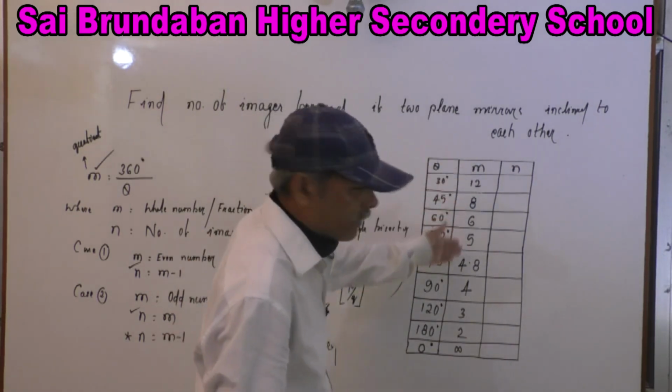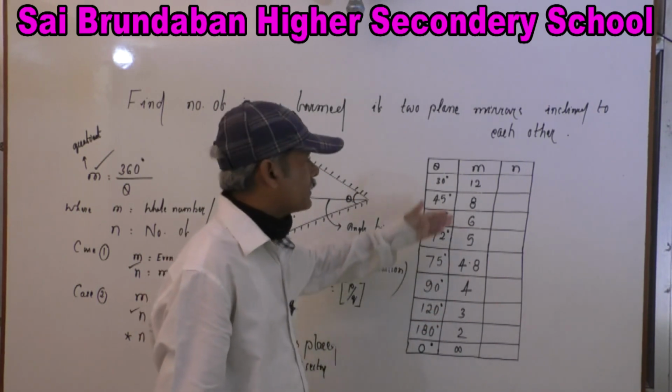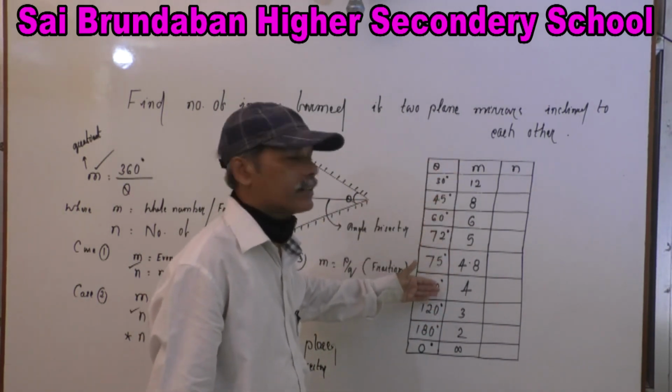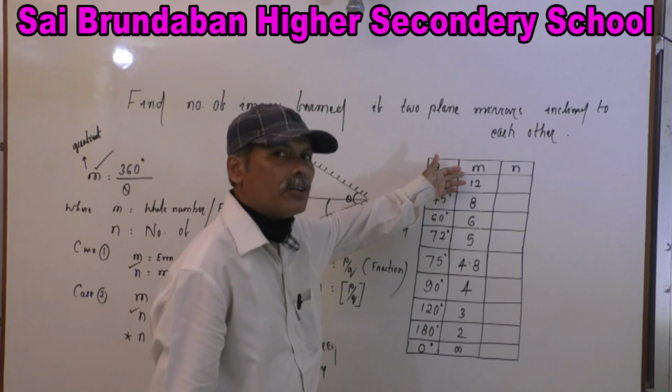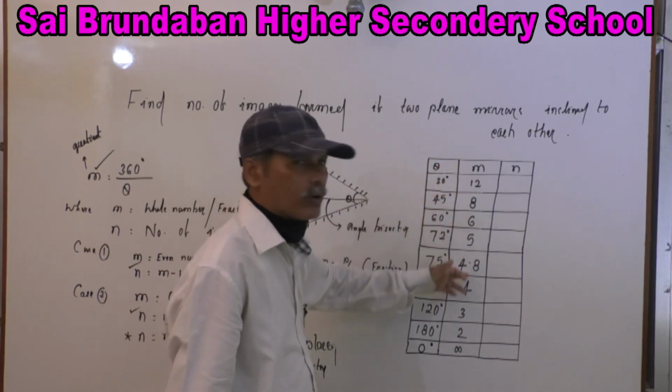This is the value of M, the value of the quotient. This is not the number of images.